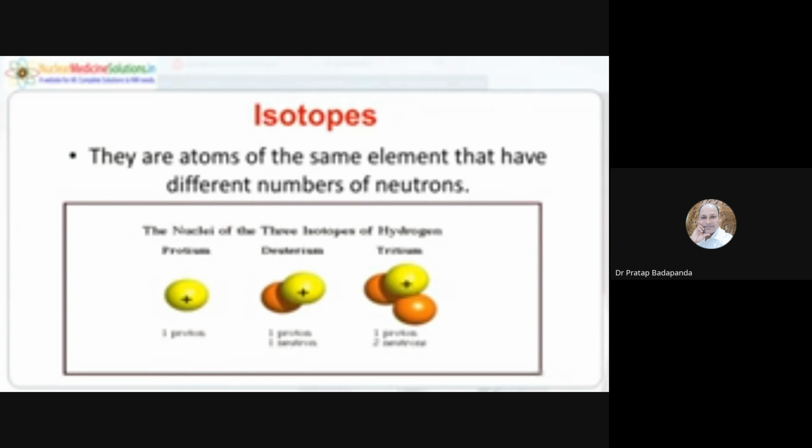Protium has 1 proton. In case of deuterium there is 1 proton and 1 neutron, and tritium has 1 proton and 2 neutrons. So there are 3 different isotopes of hydrogen. The protons are the same, but the neutrons change.